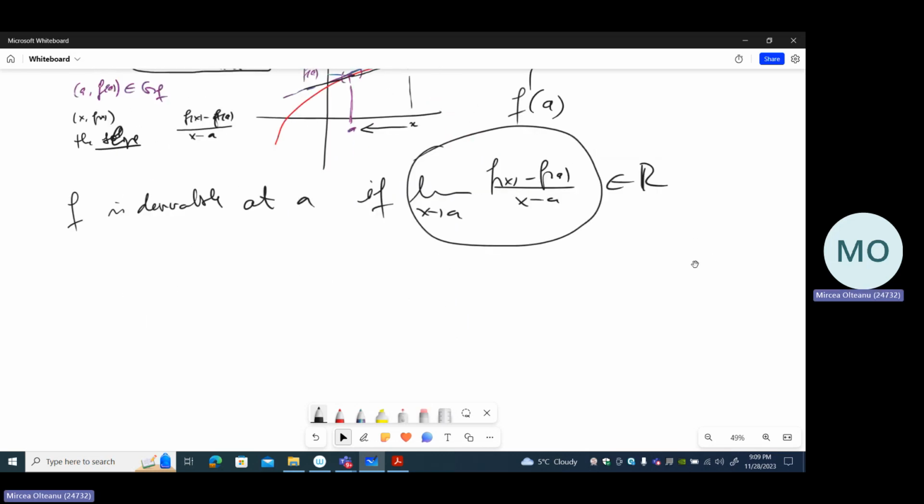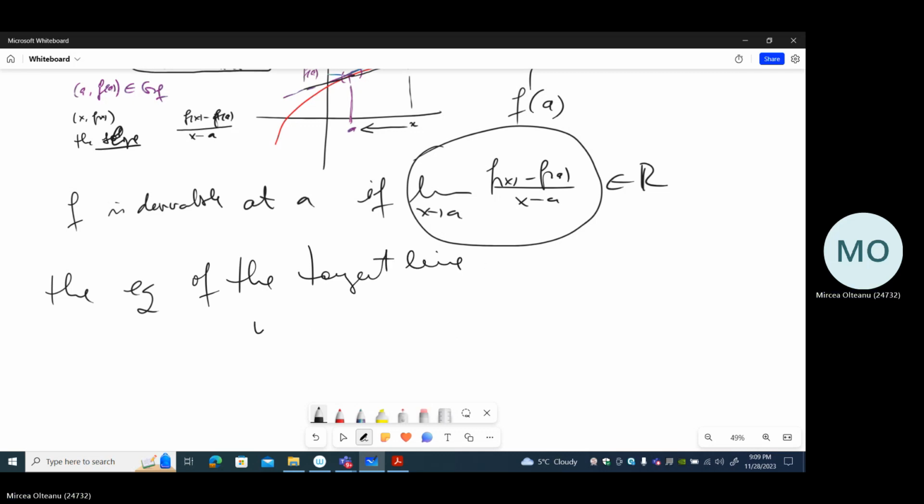So it's a number. Consequently, the equation of the tangent line will be y minus f of a equals the slope, which is f prime of a, times x minus a.